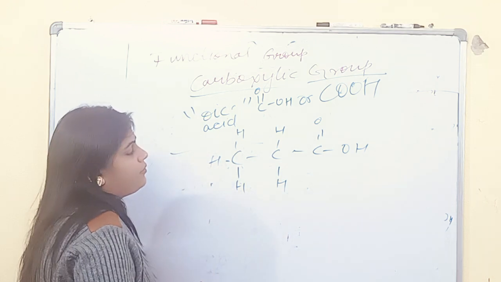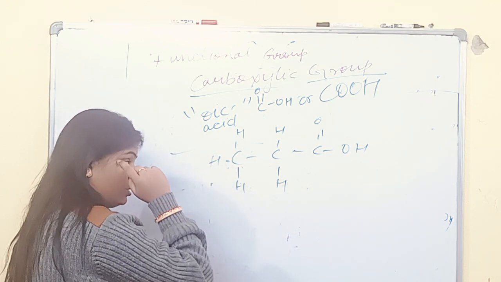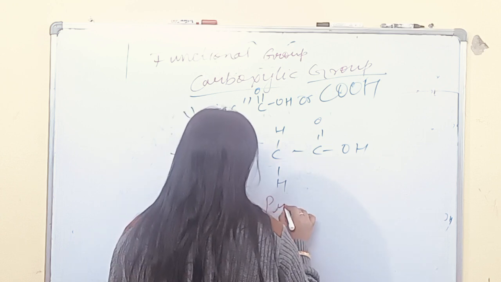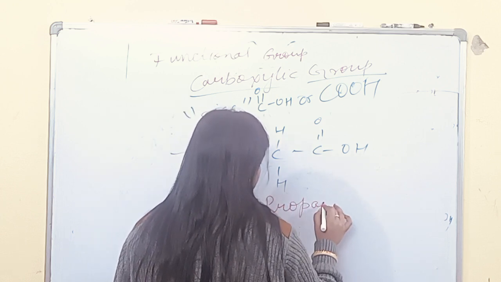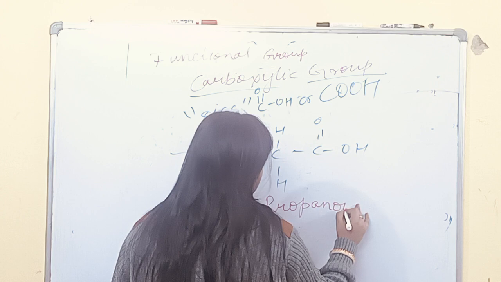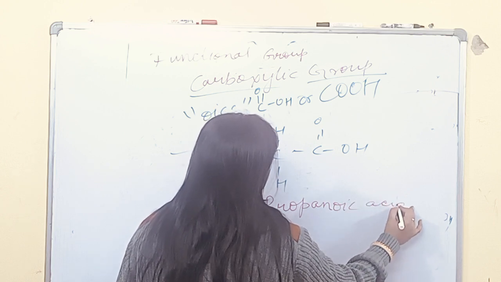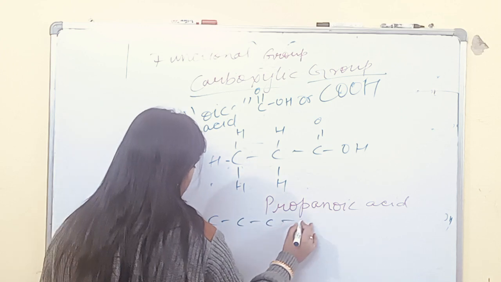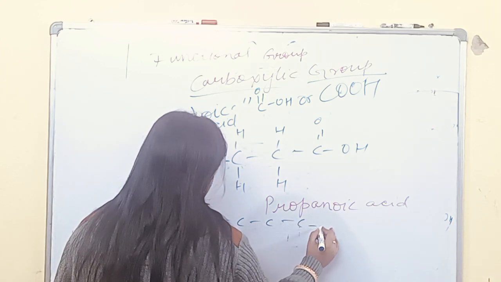So what is the suffix for the carboxylic group? And what is the prefix? How many carbons? Propanoic acid. Propanoic acid.